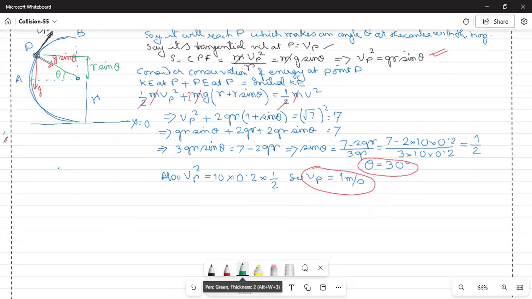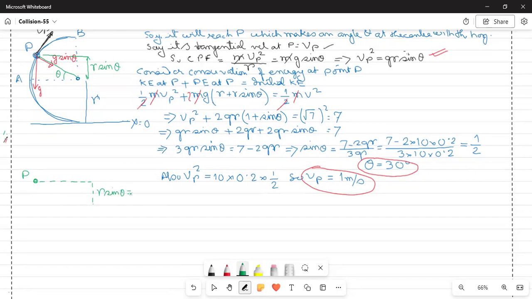So let us draw the diagram once again. Let us say this is the point P, which is at a height of r sine theta.